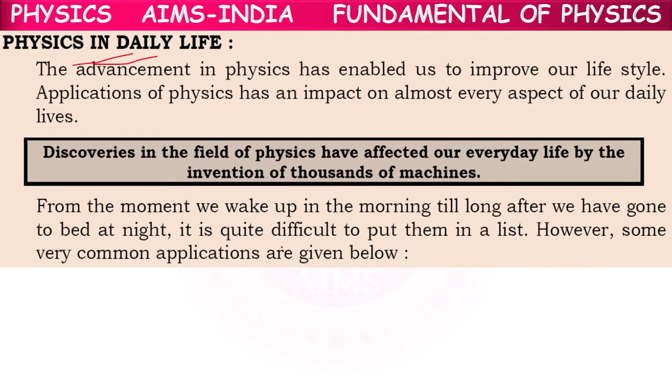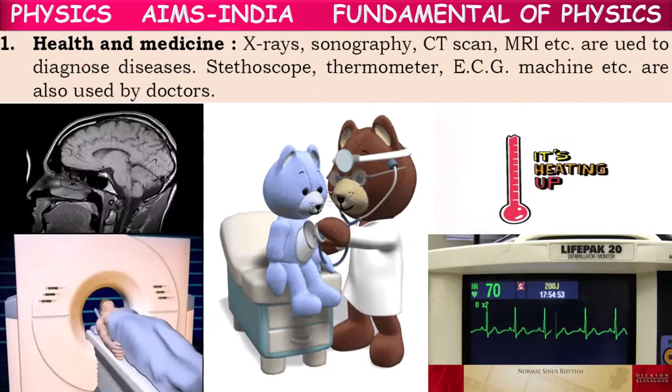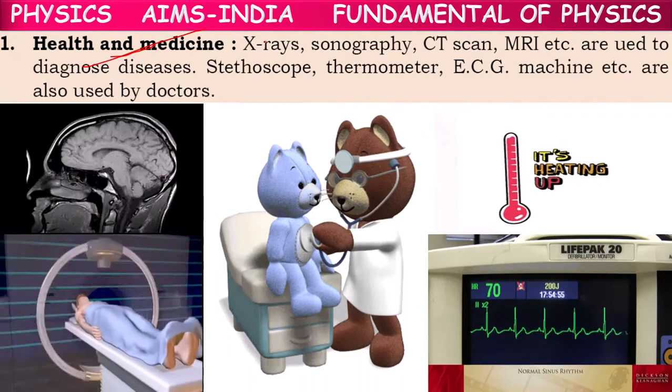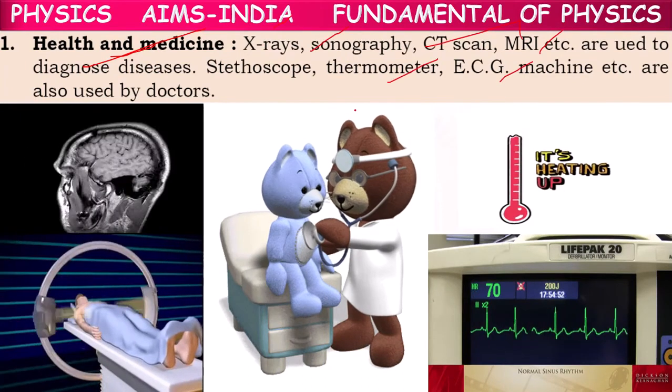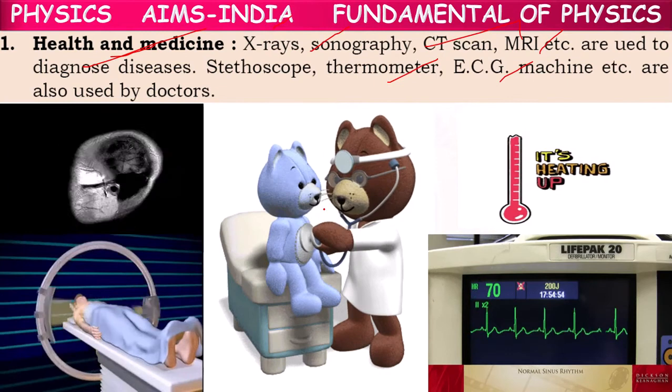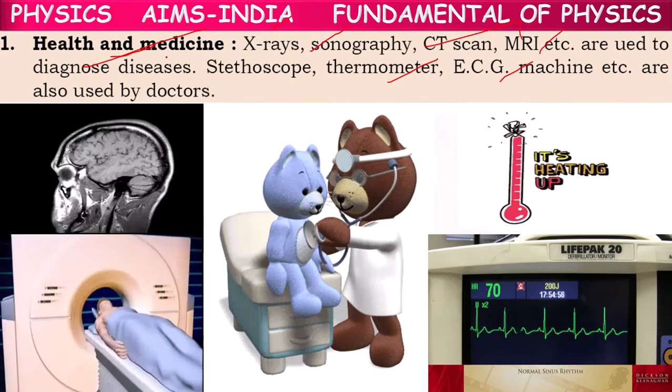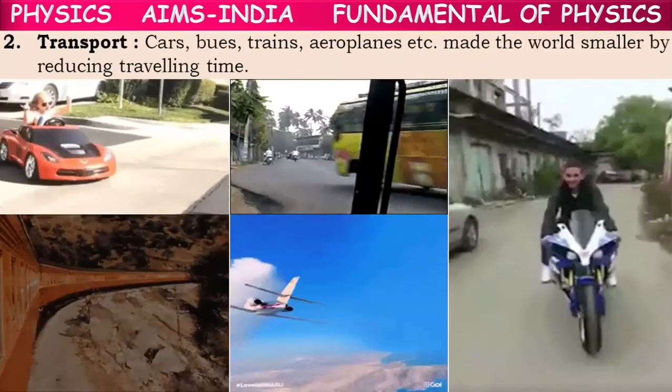So in our daily life, from morning until we go to bed, we are making use of so many different kinds of machines which were invented by the physicists and which are making our life comfortable. In health and medicine, X-ray, sonography, CT scan, MRI, ECG, thermometer, different machines have been invented which are used to diagnose diseases.